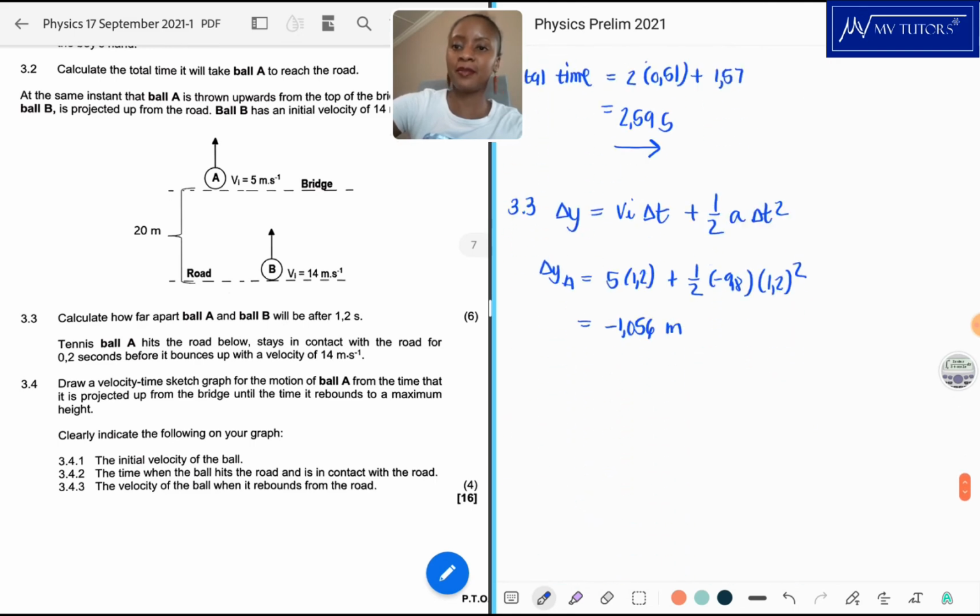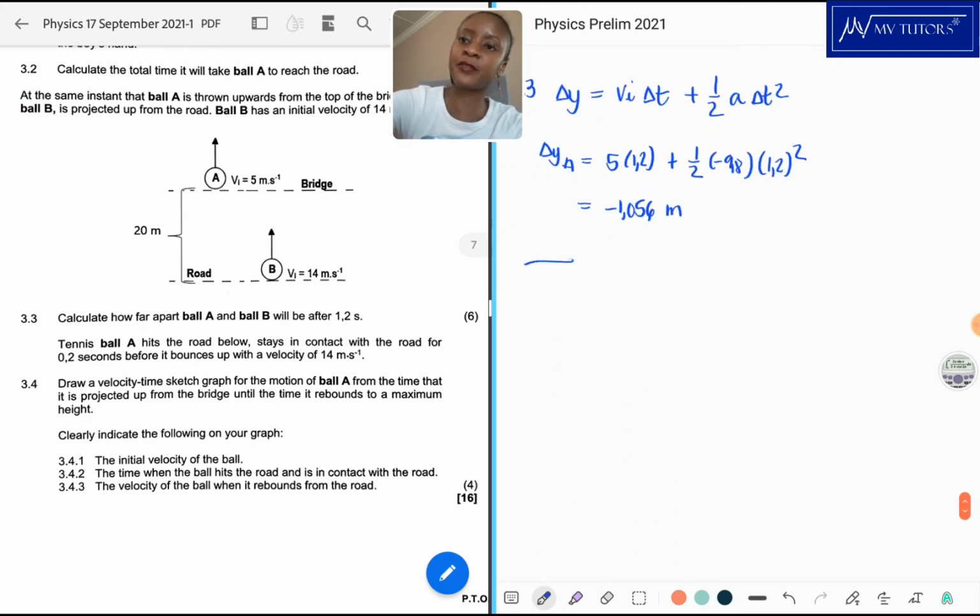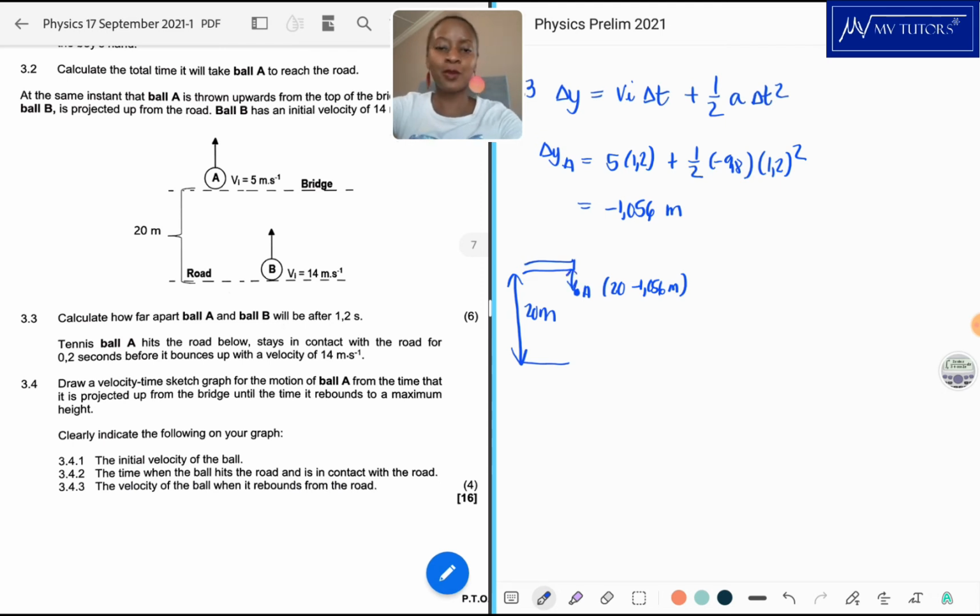Ball A, if we use the bridge as a reference, the bridge leading to the road, is actually 20 meters. So ball A is somewhere here, and at that point, it's going to be 20 minus the 1,056 meters, because that is the negative 1,056 meters.